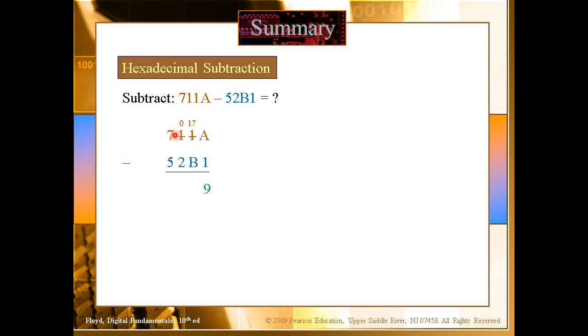So you updated those columns. Now I think we can do the subtraction, right? Because this is 17, and B means 11. 17 minus 11 is very simple, it is 6.